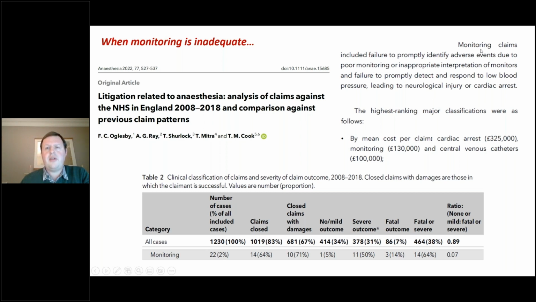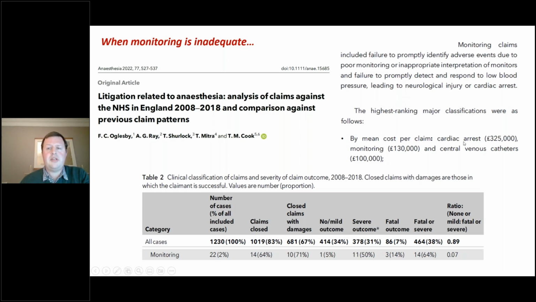They say that monitoring claims included a failure to promptly identify adverse events due to poor monitoring or inappropriate interpretation of monitors, and failure to promptly detect and respond to low blood pressure, leading to neurological injury and/or cardiac arrest. Although they weren't that common, I think it's interesting that they were amongst the highest ranking in terms of payouts.